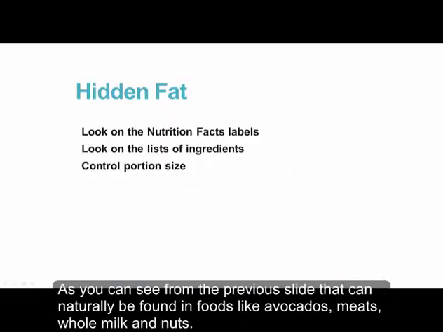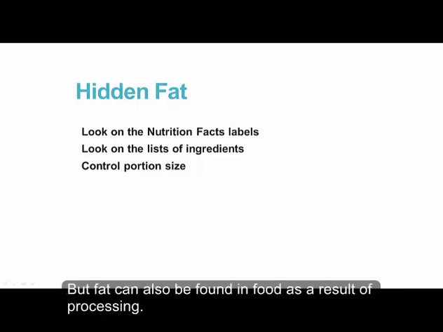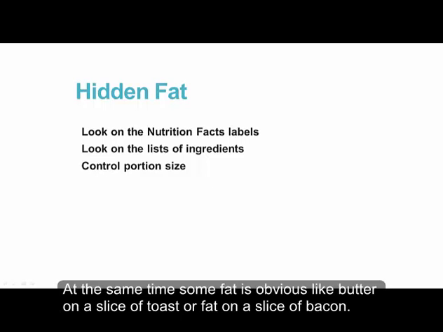As you can see from the previous slide, fat can naturally be found in foods like avocados, meats, whole milk, and nuts, but fat can also be found in foods as a result of processing. At the same time, some fat is obvious, like butter on a slice of toast or fat on a slice of bacon.